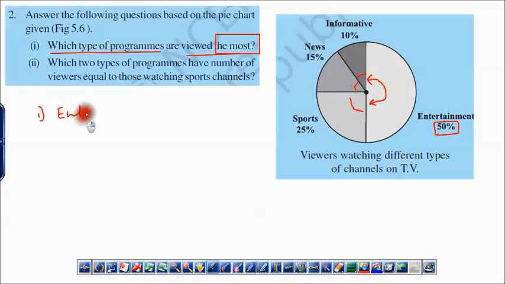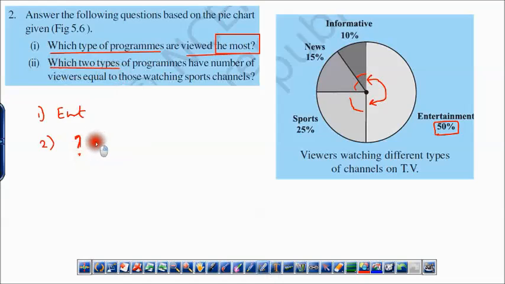फर्स्ट आंसर एंटरटेनमेंट. Second, which two types of programs have number of viewers equal to those watching sports channel? Which two types?